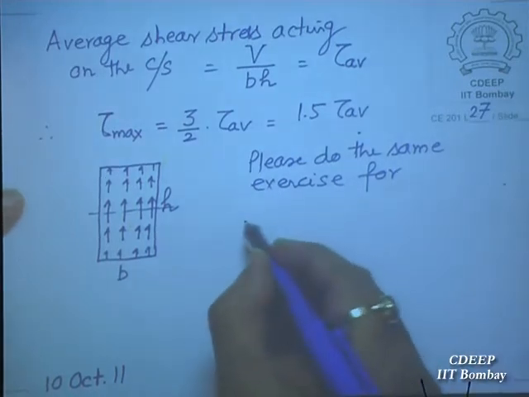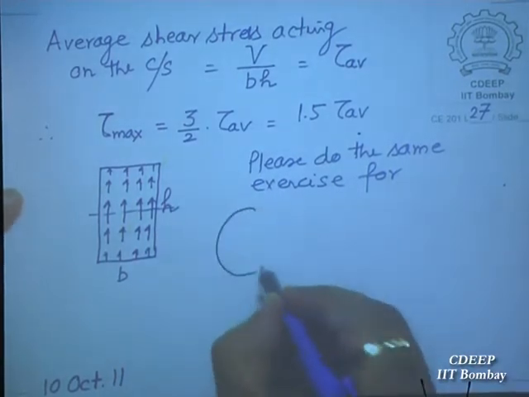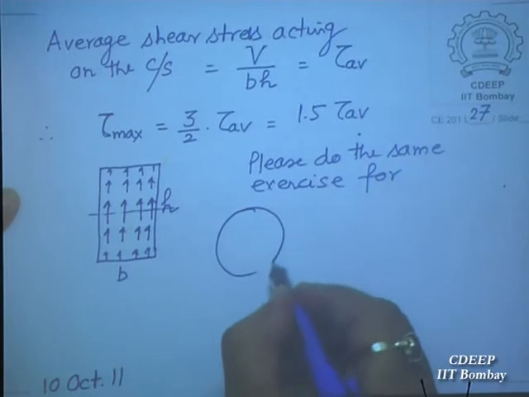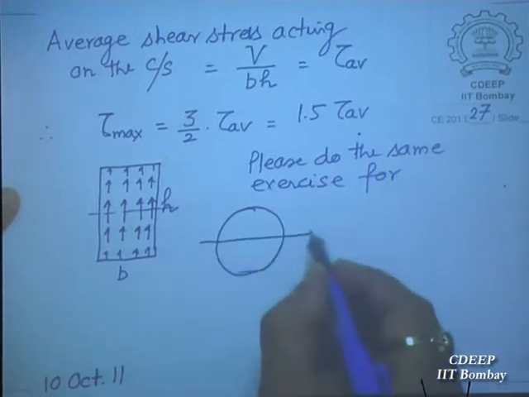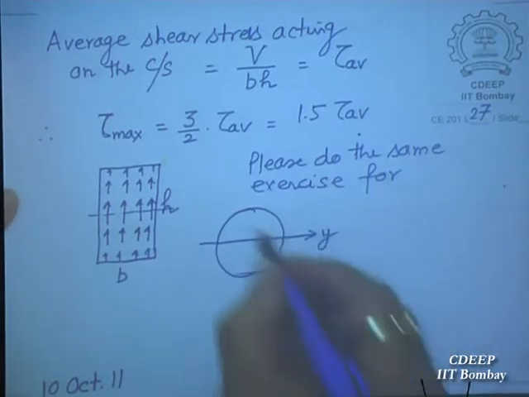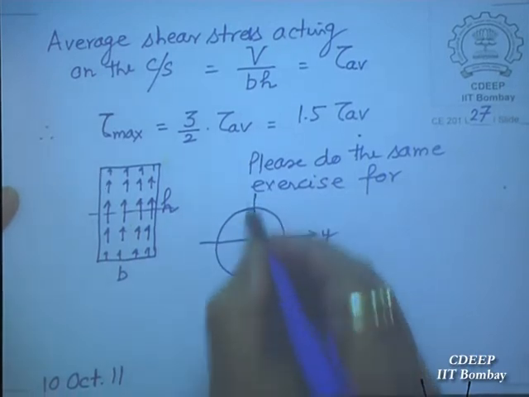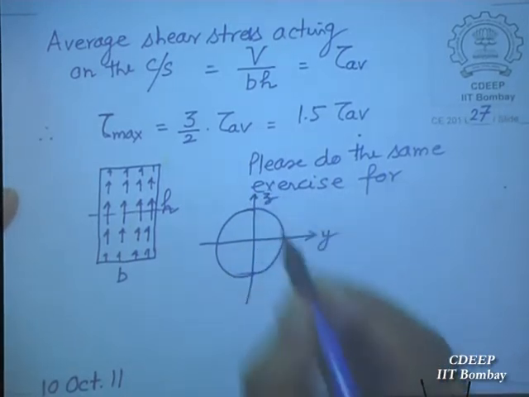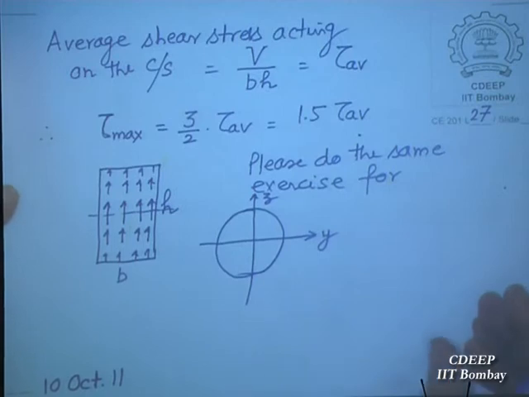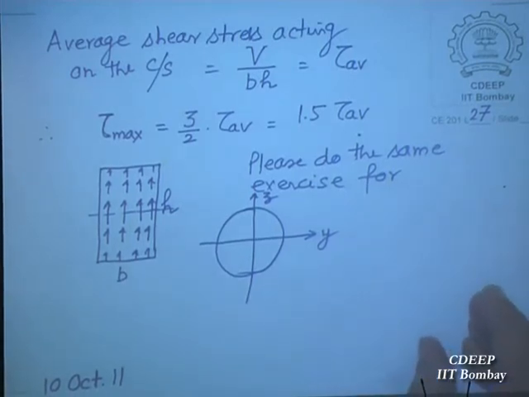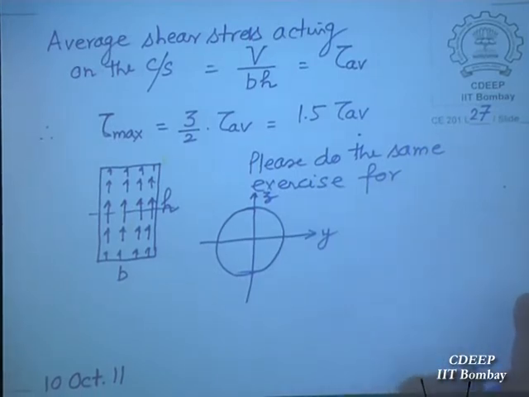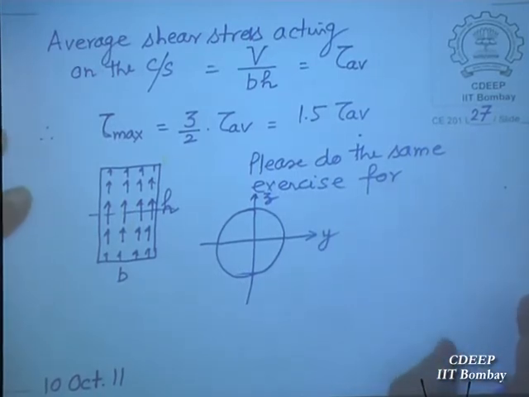So do it for a circular solid. This is your Z. Which other cross section? What will it be? Will it be 2 times? I don't know, you have to find out. So do this same exercise for this.